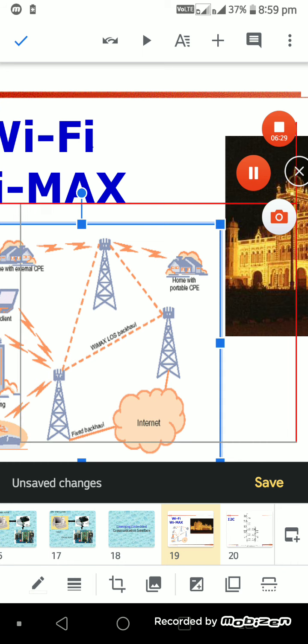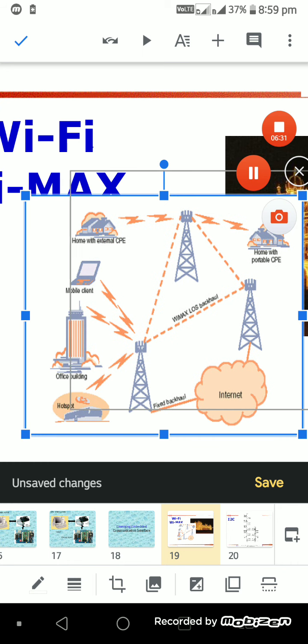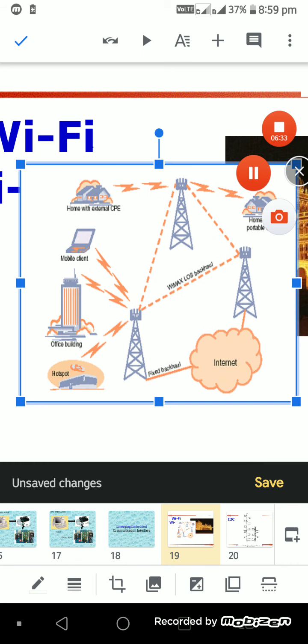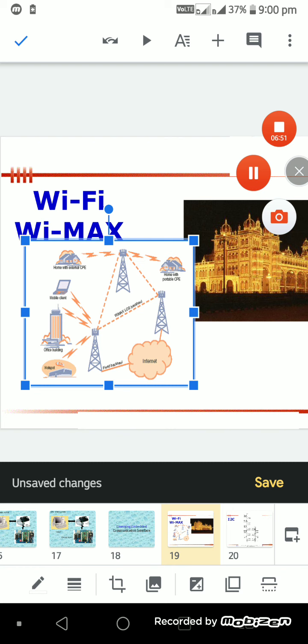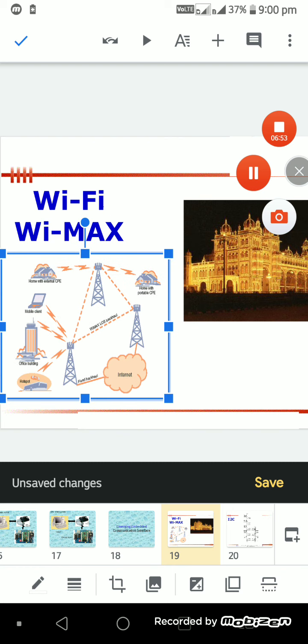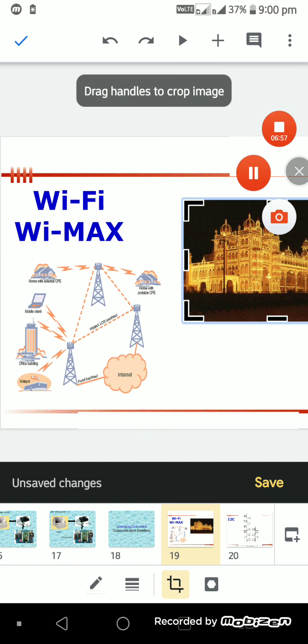These Wi-Fi modules communicate with these devices: home with external CPU, mobile client, office buildings, hospitals, internet. And next, home portables, which means laptops, anything. Then how to interface and how to make connections. First, this is home applications.